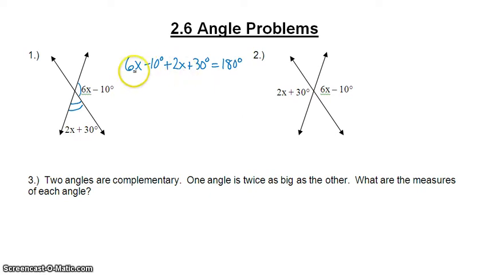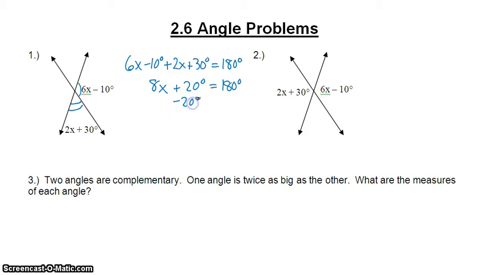Combine our like terms. 6x plus 2x gives me a grand total of 8x. And adding my degrees, I have negative 10 degrees plus 30 degrees, which gives me a grand total of positive 20 degrees.